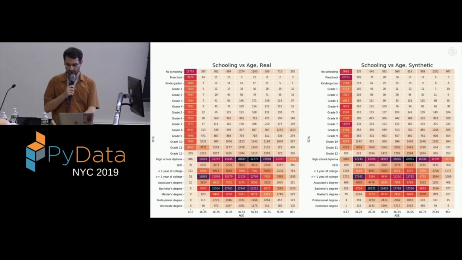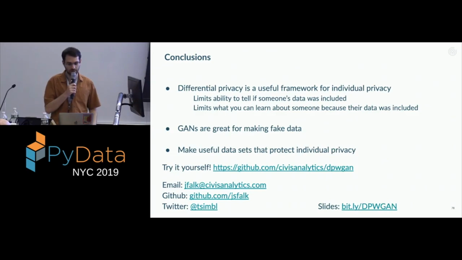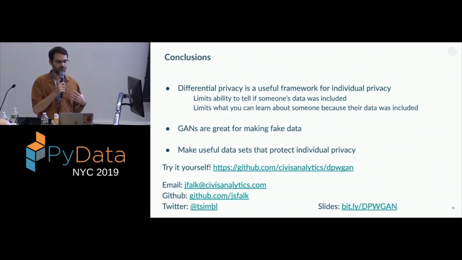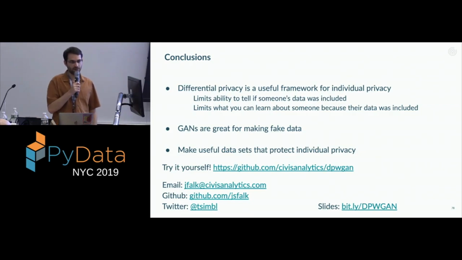So to sum up, differential privacy is a useful framework for understanding individual level privacy. Differential privacy limits your ability to tell if someone's data was included in your data set, and it also limits what you can learn about someone because their data was included. And so that's a very powerful guarantee.